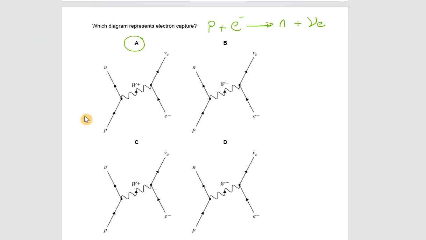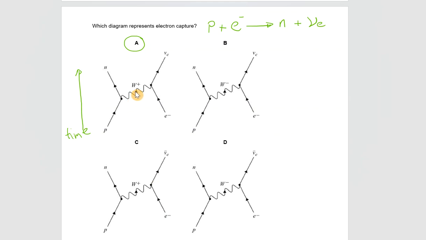Just a quick reminder, when you read a Feynman diagram, you should read it with time moving in this direction. So at the bottom we've got the reactants, the things we start with, as if it was a chemical reaction, and at the top we've got the things that are produced from that interaction.